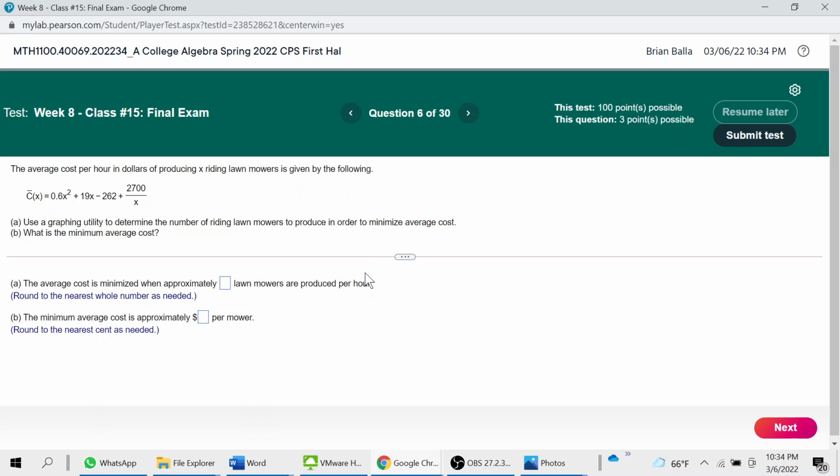Question 6. The average cost per hour in dollars of this equation. Minimize average cost.